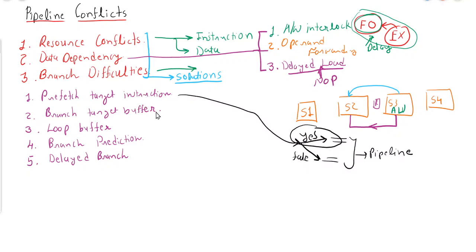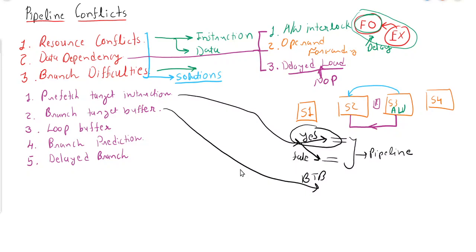Next is branch target buffer. How will the branch target buffer be used? The branch target buffer, BTB, is an associative memory.